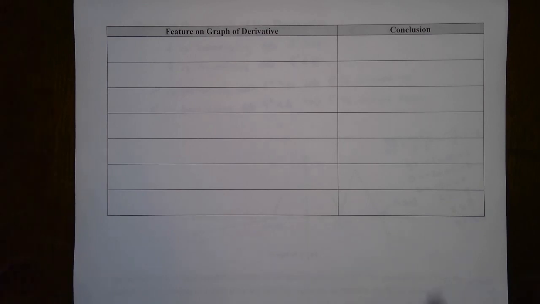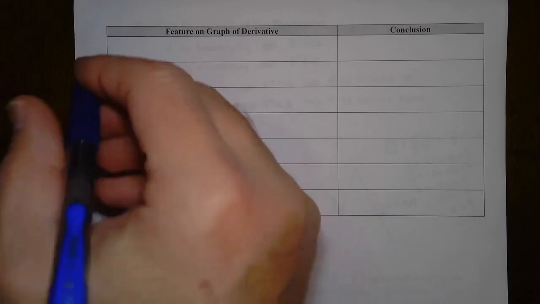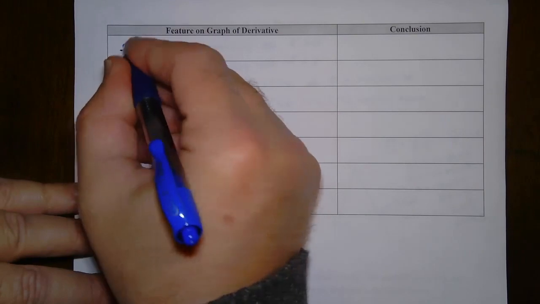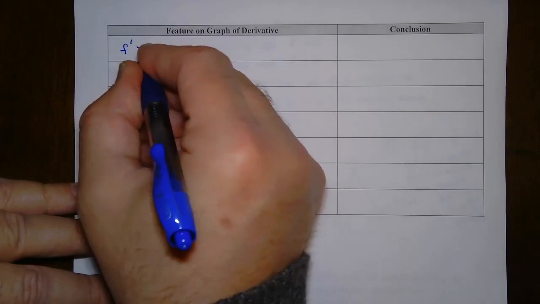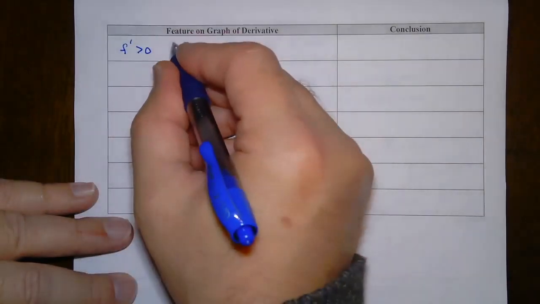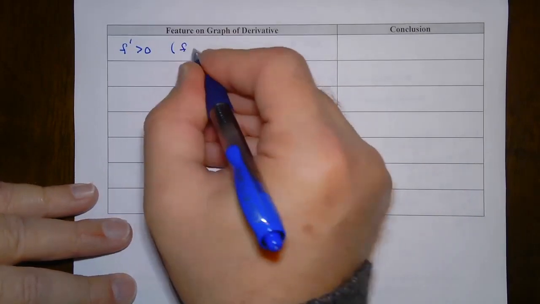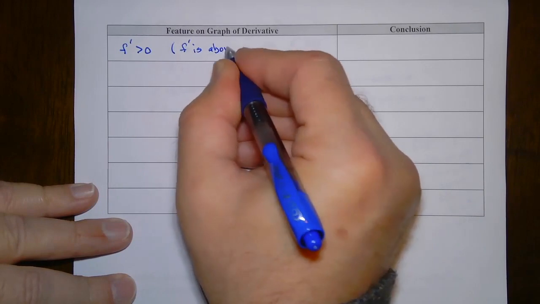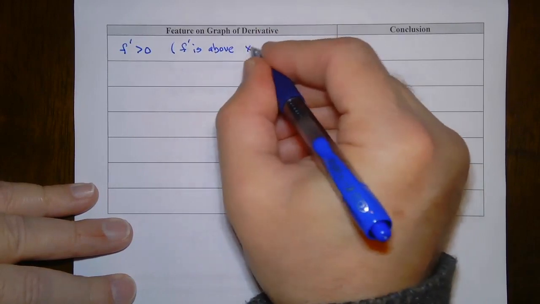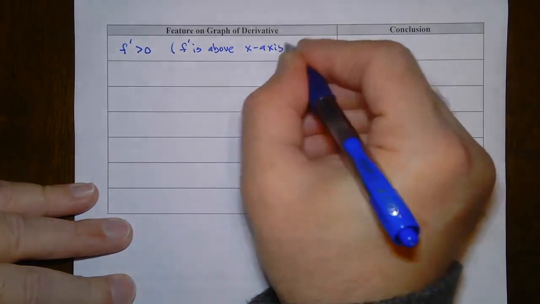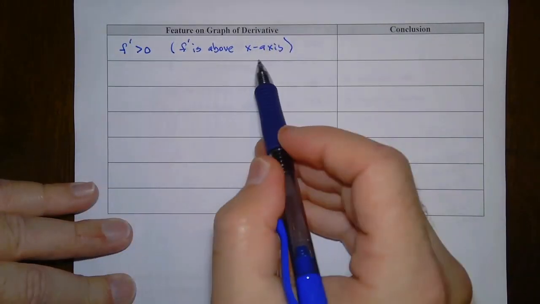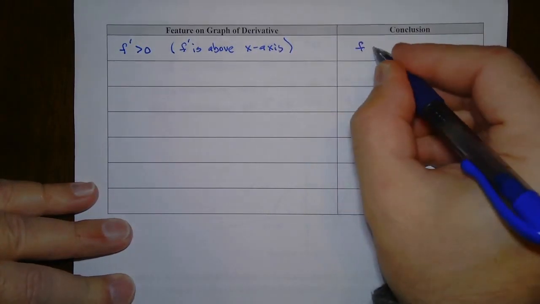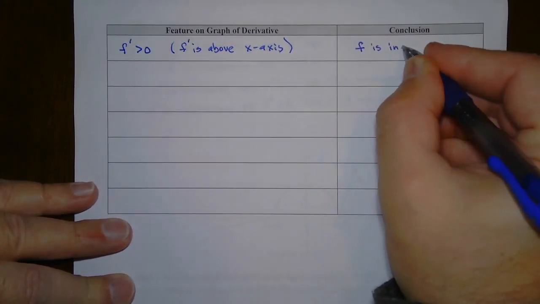So this is a little summary chart that'll help you summarize everything. So features on the graph of the derivative: if f prime is greater than 0, that would mean f prime is above the x-axis. If f prime is above the x-axis, a conclusion we can make is f is increasing.